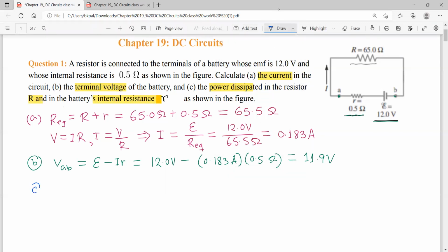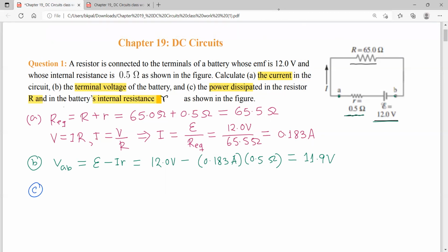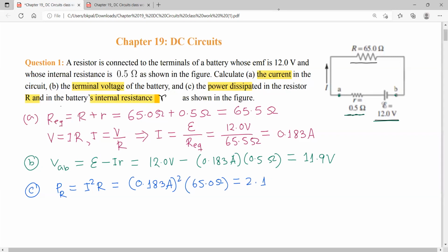The last one is the power dissipated in the resistor capital R and also in the internal resistance. So P_R, which is the power dissipated in the resistance capital R, is I squared R. And as the same current flows through both small r and capital R, we can write this. So the power dissipated in this resistor is just this.